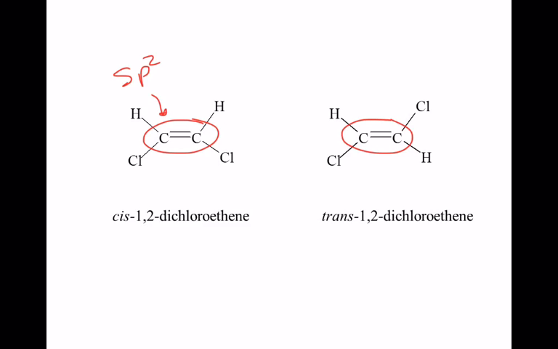So that darn thing is flat as a pancake. So with that in mind, you have these fixed conformations where you can have a cis, that's where the two chlorines are like this, or you can have the trans where the two chlorines are like that. Okay, so first off, see if you buy this, that this one is polar and this one is nonpolar.